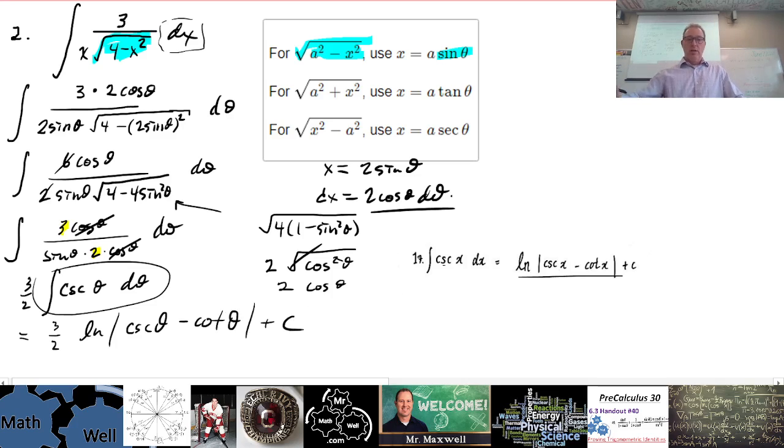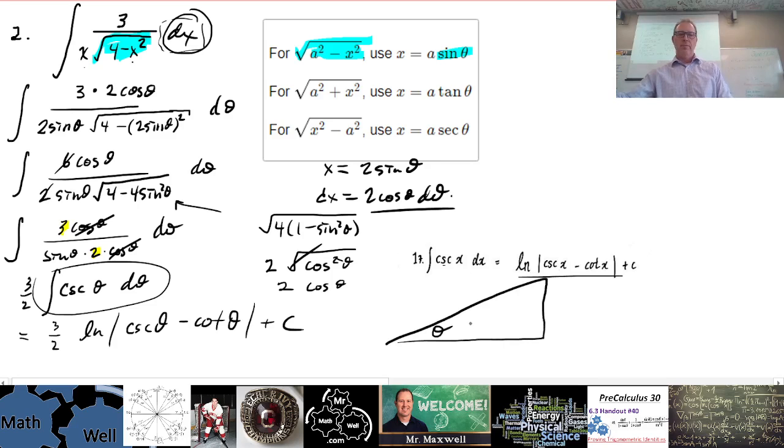And we're just a little over halfway now. What we have to do is resubstitute. We have to substitute back because this question was all about dx. I don't want this in terms of theta, I want this in terms of x. So what we end up doing here is taking a look at our right triangle. A right triangle that we might draw would look something like this. Here's our theta.